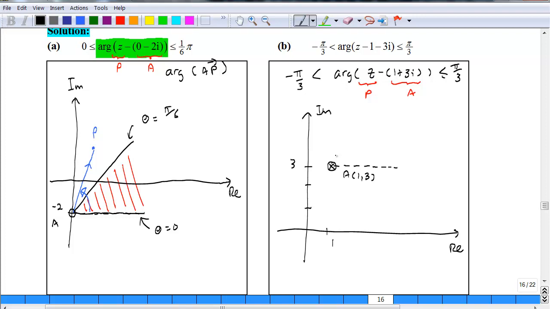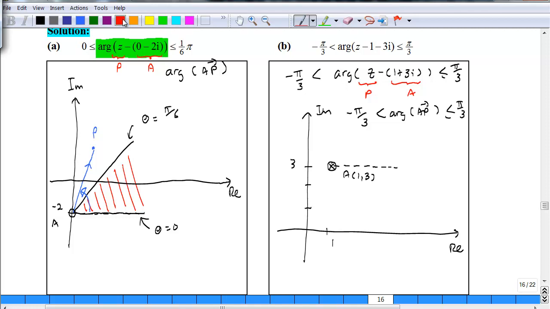If we look at the analogy of the vector AP, we're looking at the vector AP making an angle between pi over 3 to the horizontal and negative pi over 3 from the horizontal.